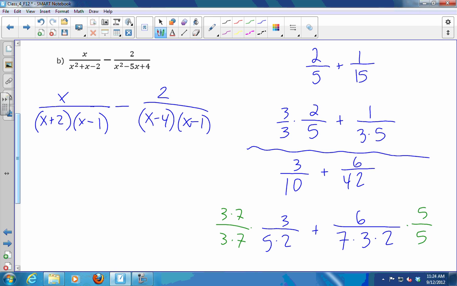So to make the denominators the same, they both already have an x minus 1. I want them to be the same, so I don't have to add that to either one. So in this one, I could multiply by x plus 2 over x plus 2. And then it has all 3 factors, a minus 4, a minus 1, and a plus 2. And then this one is just missing the x minus 4. So I would multiply by x minus 4 over x minus 4. And then they'll have the same denominator.